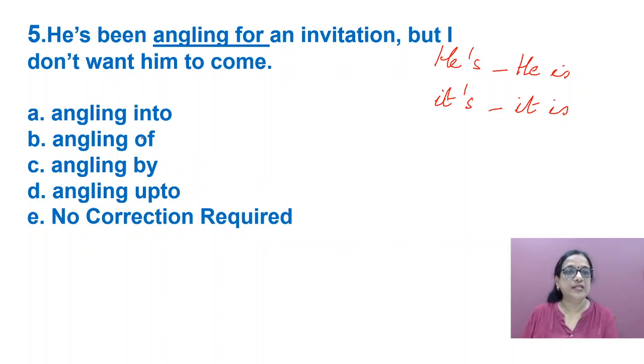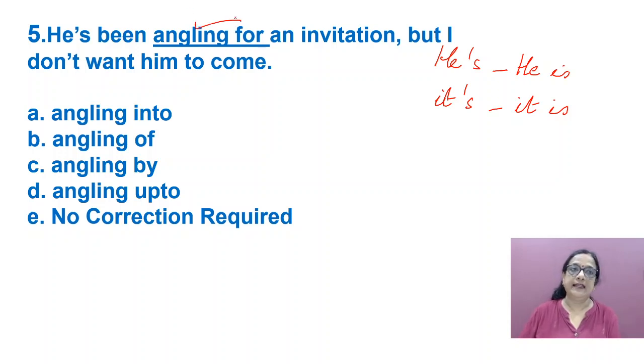When it's apostrophe s, that means he is, and it's means it is. So the options: angling into, angling off, angling by, or angling up to, no correction required. So this is a correct option.